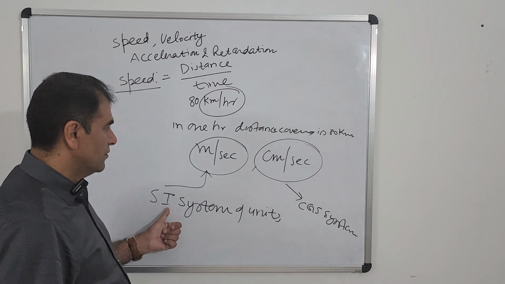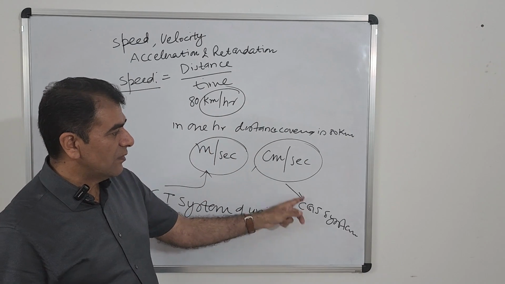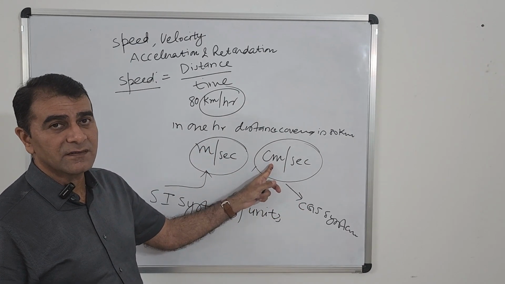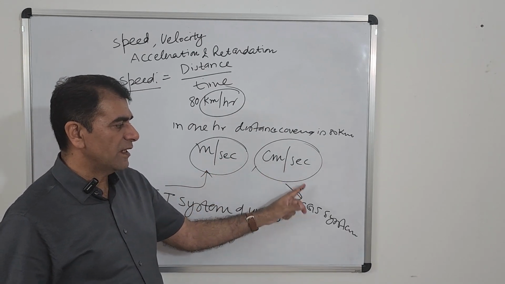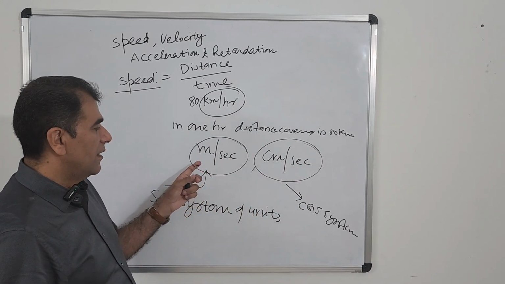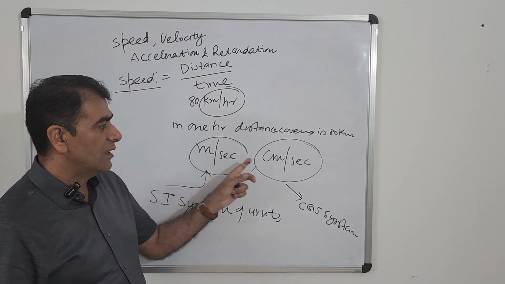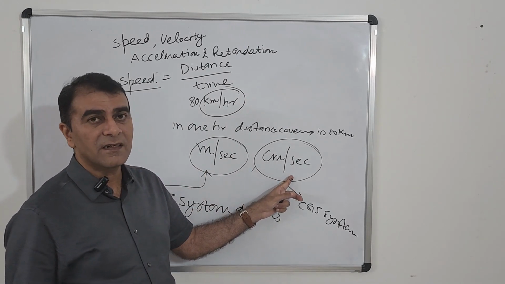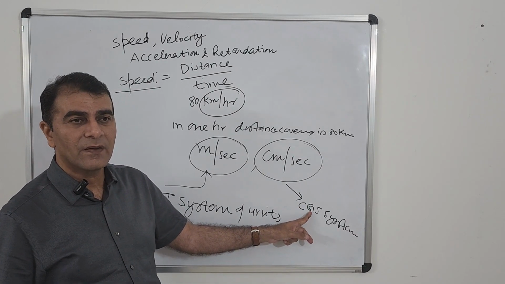In SI system, length is measured in meters, and in CGS system, length is measured in centimeters. It is a difference. Then time is in second, same. But as far as mass is concerned, here mass is taken in kilograms and here mass is taken in grams. That is why it is CGS, G for grams.